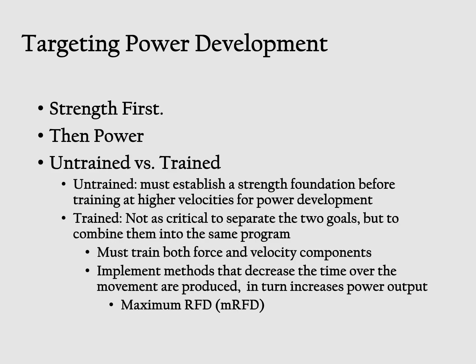Targeting power development, the use of slow velocity, heavy resistance training for development of maximal power is justified on the basis that power is equal to the product of force times velocity. So force times velocity equals power, right?